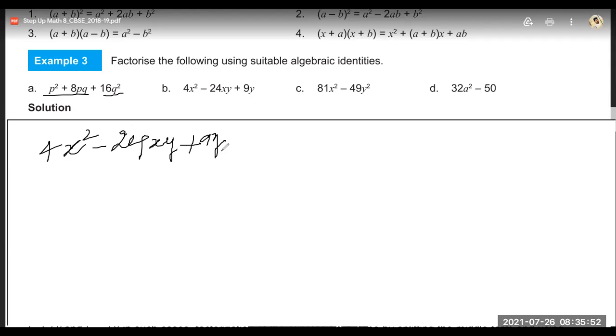The moment you look at the question, you need to observe and identify which identity can be applied here. Here we have one square term, a product of two variables, and then one more term.